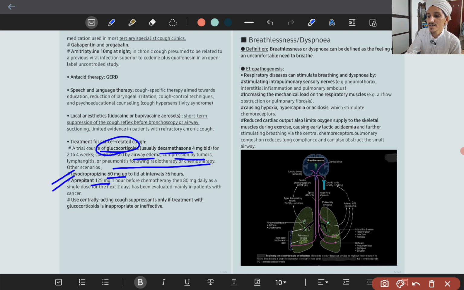One note here: use centrally acting cough suppressants only if treatment with glucocorticoids is inappropriate or ineffective.